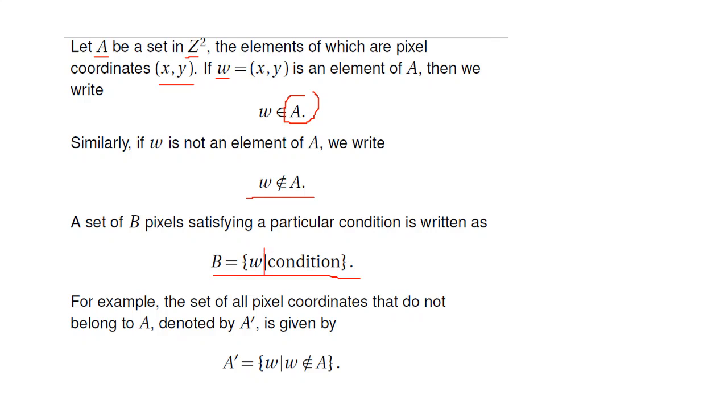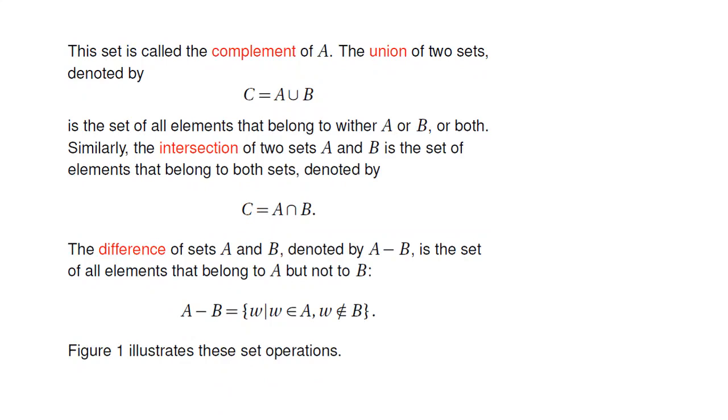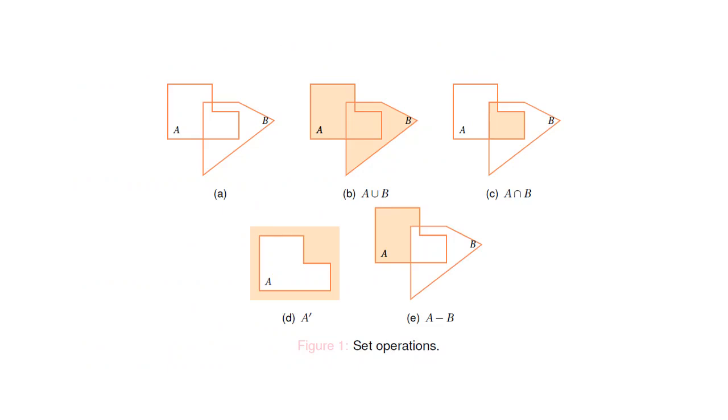For example, A prime, or the complement of A, is w such that w does not belong to A. Then we have the union, C equals A union B, the intersection, C equals A intersection B, and the difference, A minus B, equals w such that w is an element of A but not an element of B, and so on.